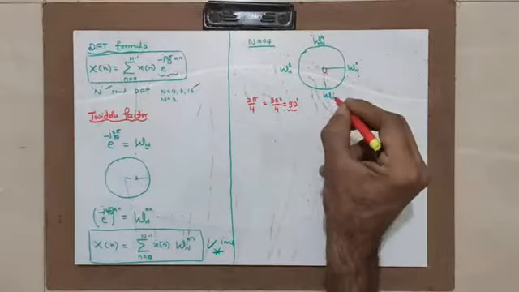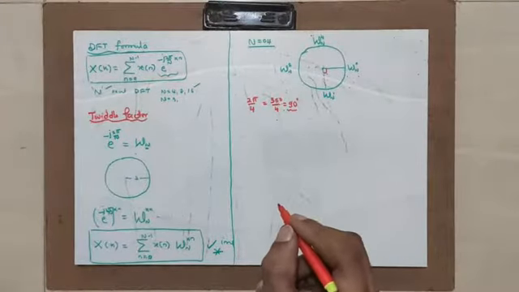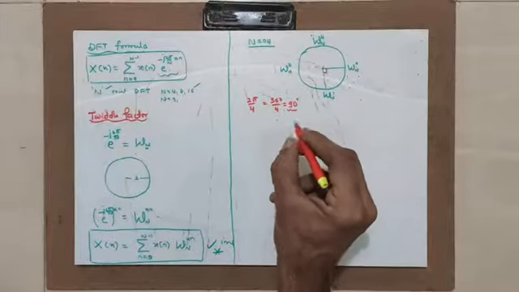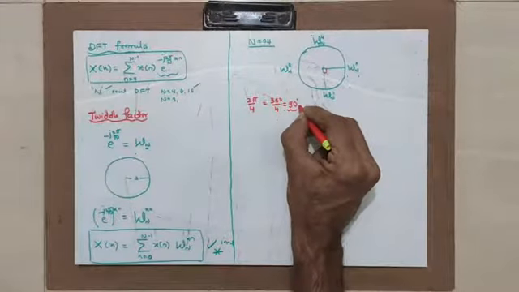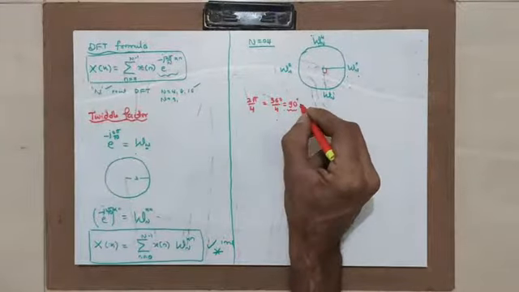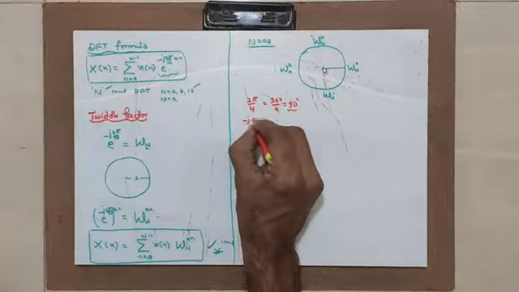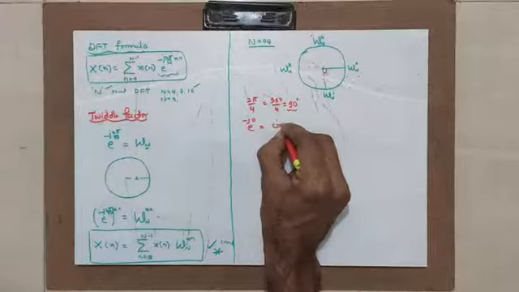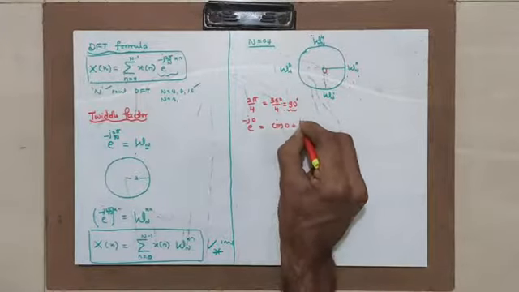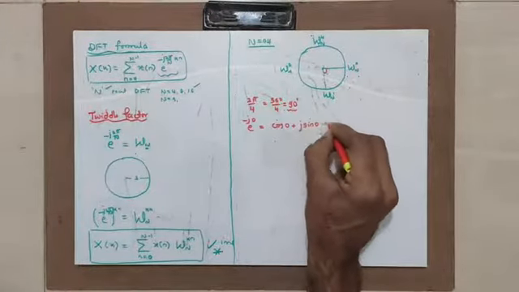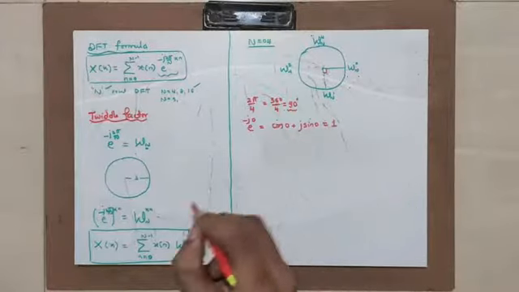Now how to calculate these twiddle factors? W0, W1. W0 means you just multiply 0 with 90 degrees. The resulting angle is 0. Hence e raised to minus j0, that is cos 0 plus j sin 0. Cos 0 is 1, hence my answer is 1.